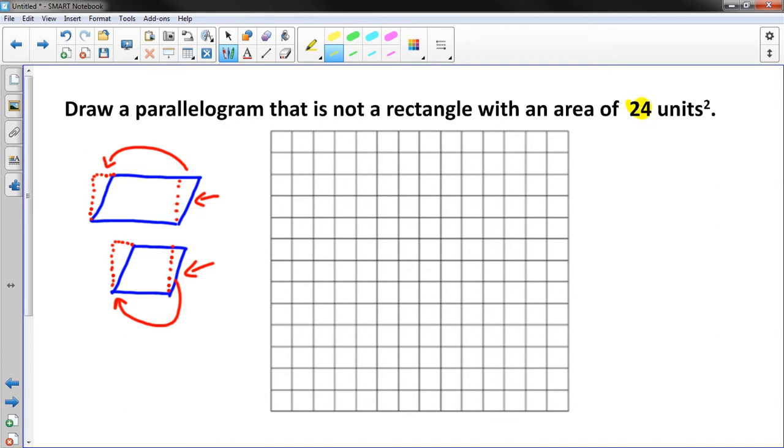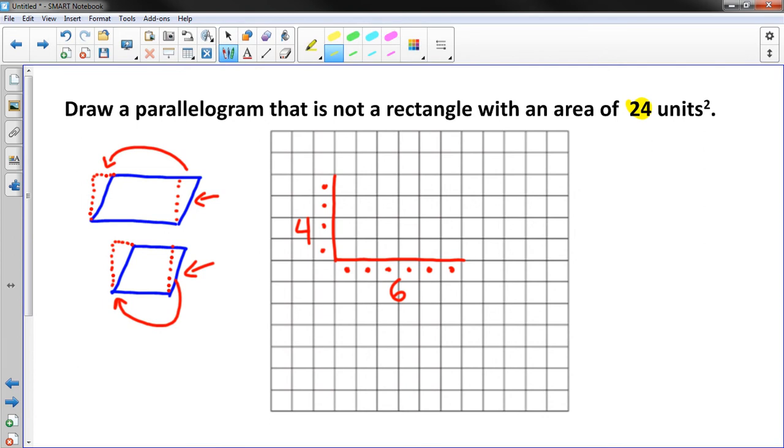So I need the area to be a total of 24. And I know that 6 times 4 is 24. So I'm going to start out sketching first a rectangle and then making it into a parallelogram. So 1, 2, 3, 4, 5, 6. I'm going to put a line here. 1, 2, 3, 4. This is 6. This is 4.